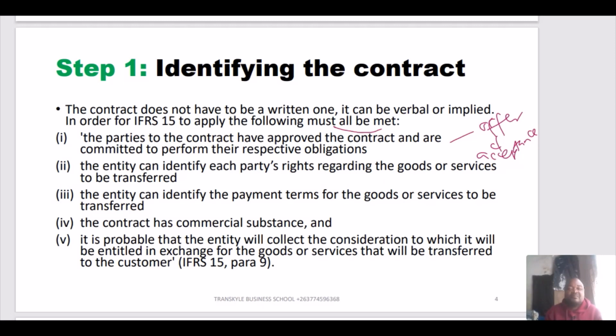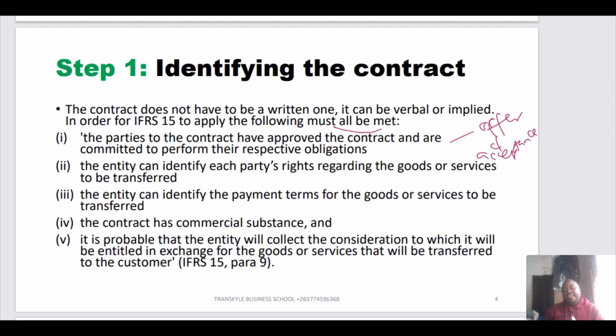The entity can identify each party's rights regarding the goods or services to be transferred. So the items which are going to be transferred have to be identified. And the obligations, for example, there should be a seller, there should be a buyer, and so forth.